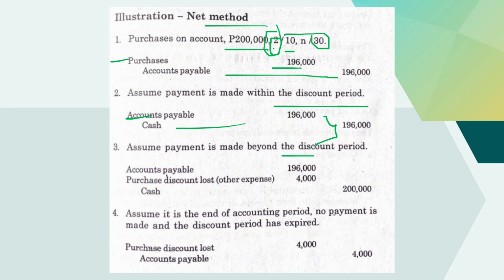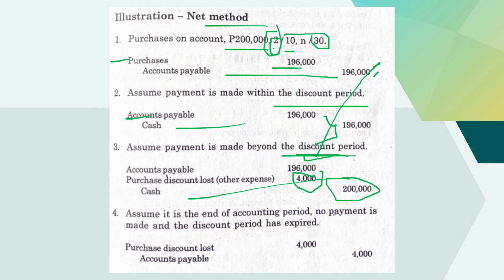Paano kapag hindi mo na-meet yung discount period? Nakapag-debit, nakapag-credit ka na ng 196,000 dito, no? So, accounts payable, 196,000. Ngunit, ang ilalabas mong pera is cash of 200,000. Di may difference ka ngayon na 4,000.